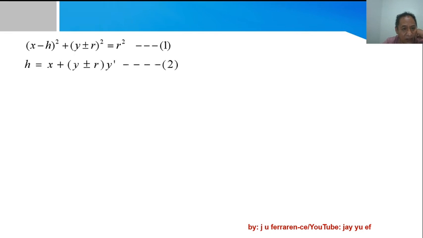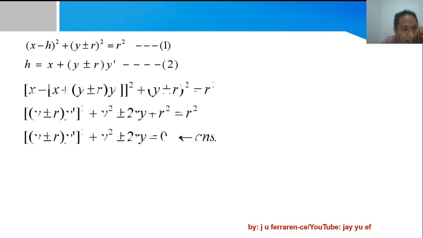So what is the resulting equation? Equation 1, equation 2, collected in the next slides. Then I substitute: x minus this h from here, then plus the quantity (y plus or minus r), but there is r squared on the other side, so it is good to expand this to eliminate the r squared. So x and x are out.